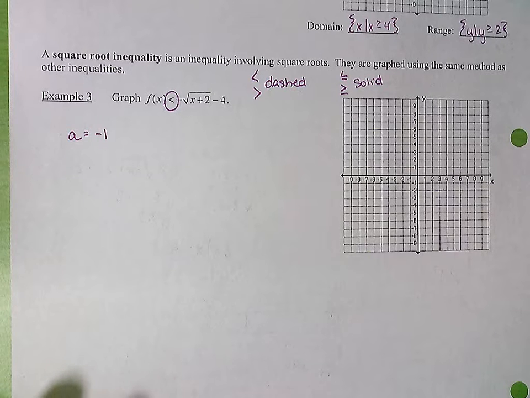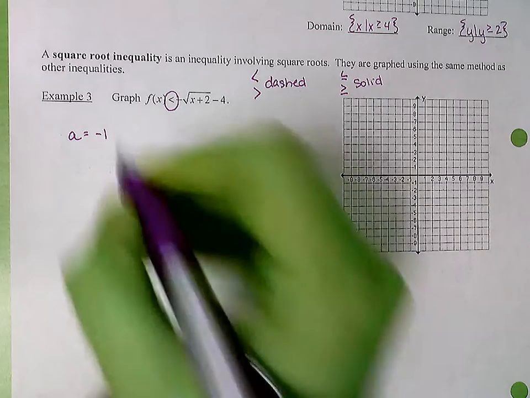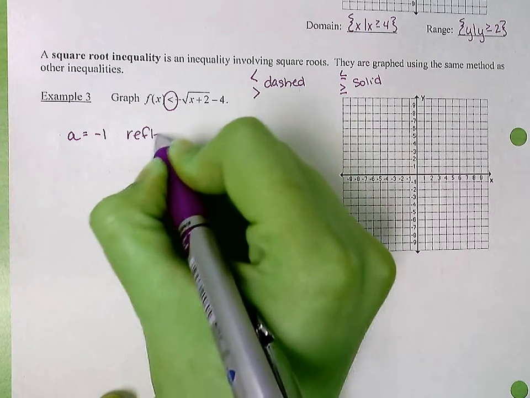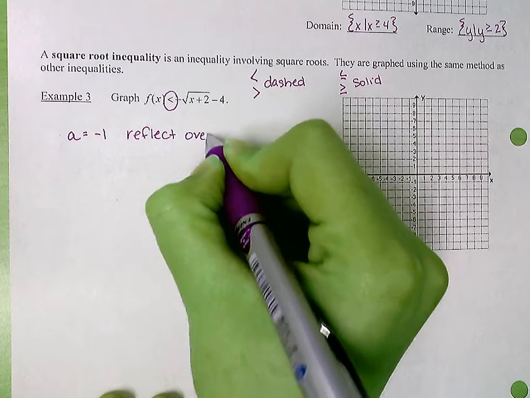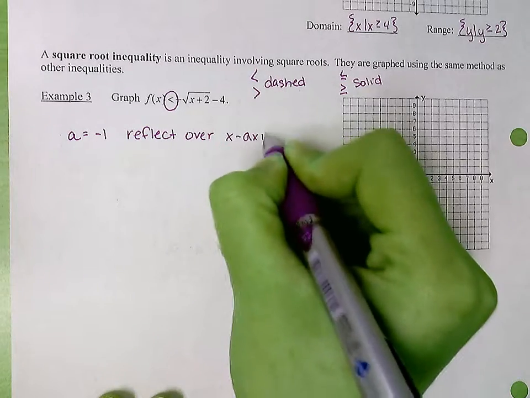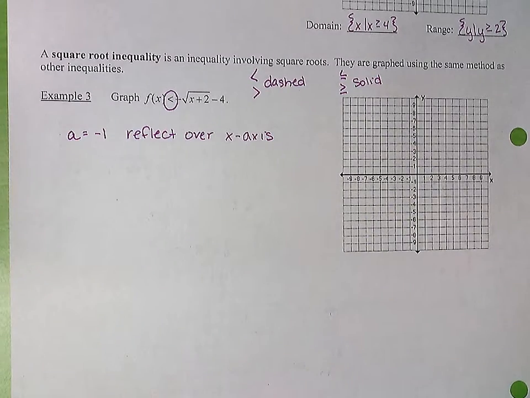What that negative really does is flip it over the x-axis. It reflects over its axis. Okay, so we'll reflect it over the x-axis.